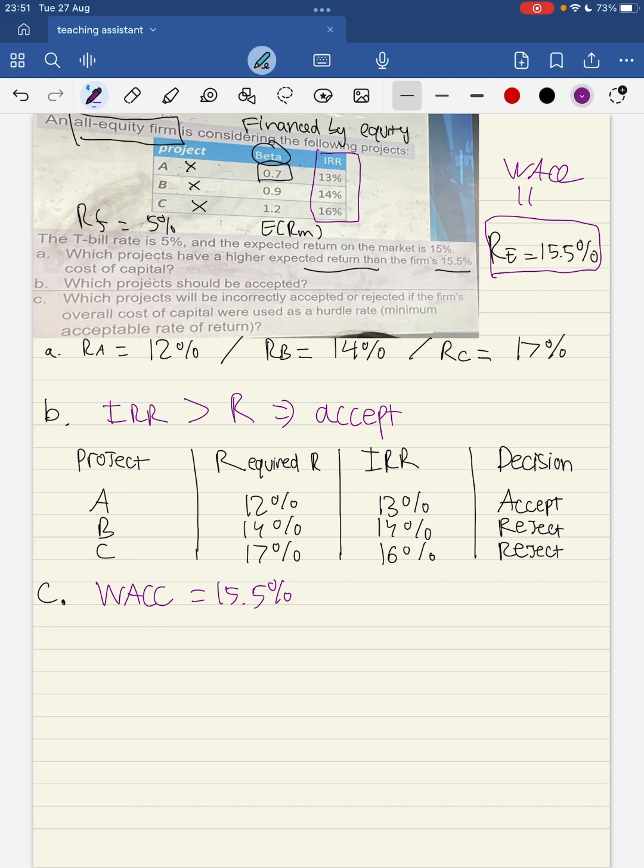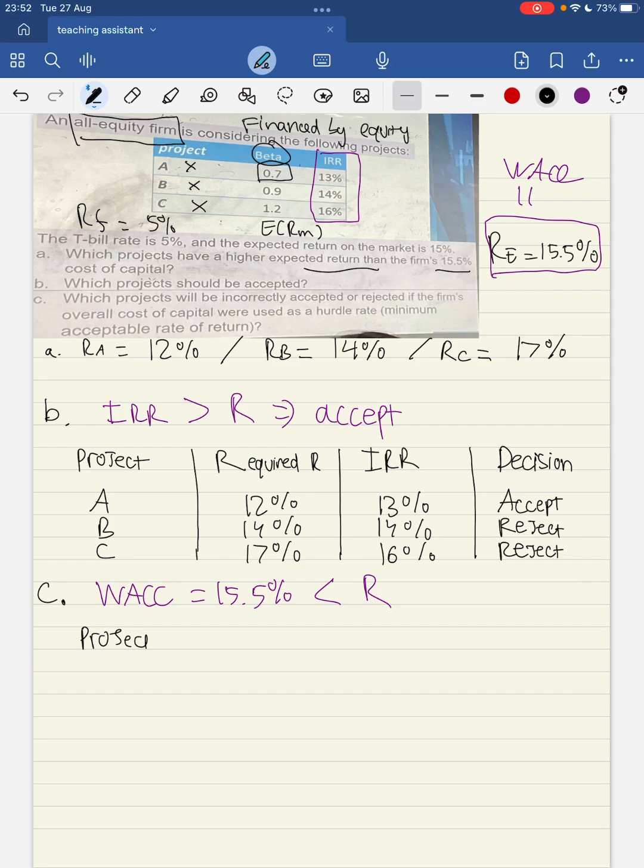Any project below 15.5% will be out of the option. The investor won't invest in this project if it's below 15.5%. So the investment criteria here is, if the required return is greater than WACC, then you will accept the project. So this is the difference between Part B and Part C. So again, we draw a table.